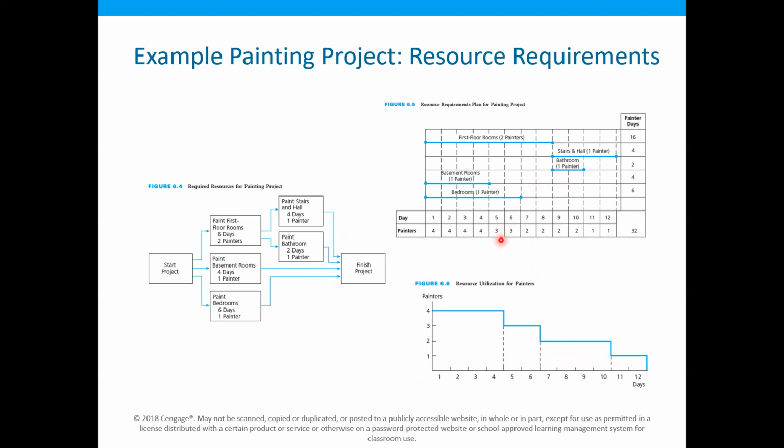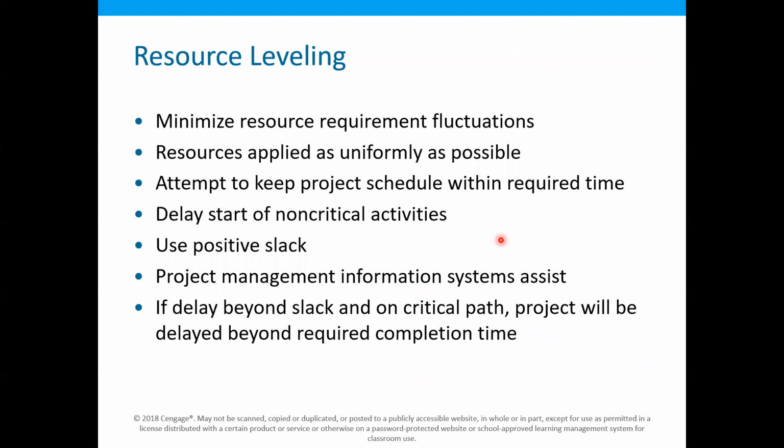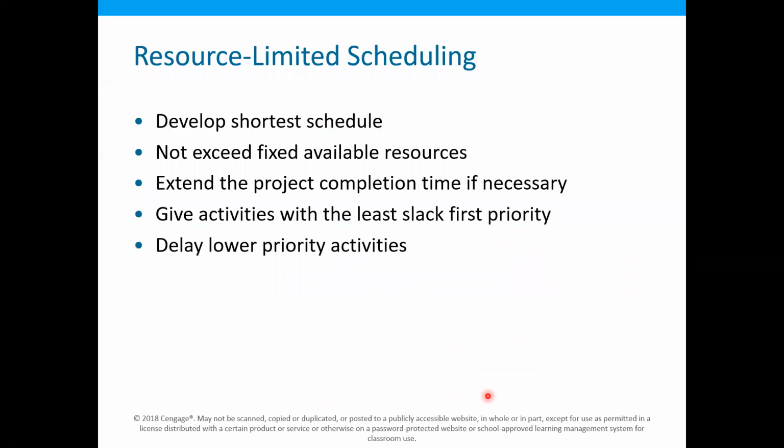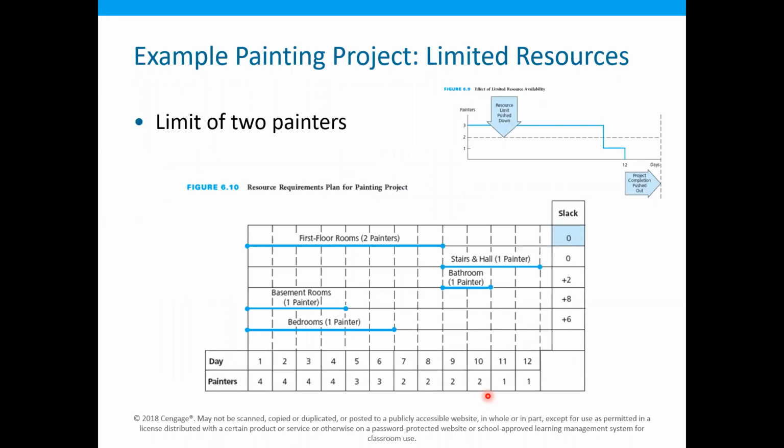So we have already discussed this chart. But let's look at resource leveling, and how to level this painting project. Okay, so 4, 3, 2, 1, 1, and then this is the resource limited scheduling, and then this example starts from here.